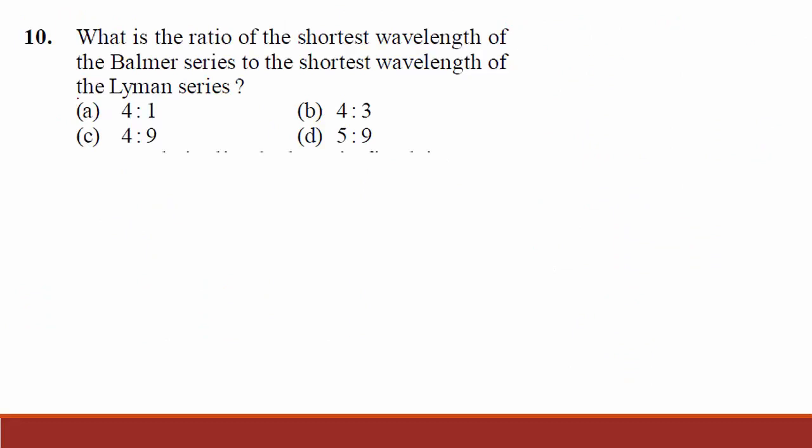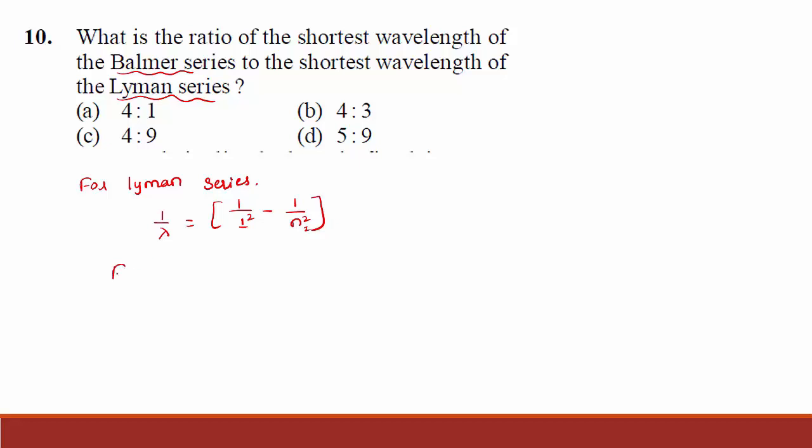What is the ratio of shortest wavelength of Balmer series to the shortest wavelength of Lyman series? For Lyman series, we can write the equation 1 by lambda equal to R into 1 divided by n1 square minus 1 by n2 square, where n1 equal to 1.